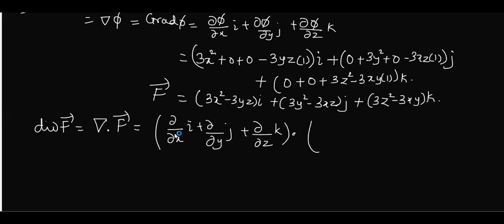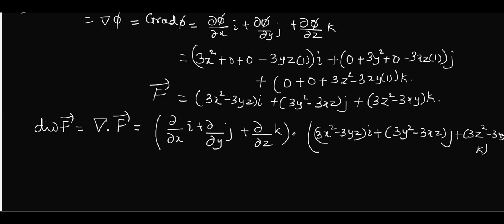F means I have to write this entire vector: 3x square minus 3yz i, plus 3y square minus 3xz j, plus 3z square minus 3xy k. Dot product again.